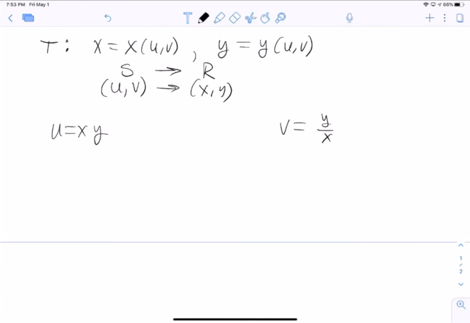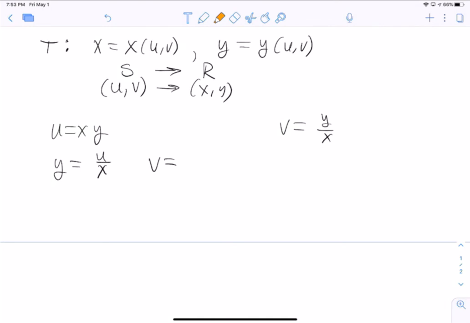Let's start with wanting x as a function of u and v. So I'm going to isolate y. y is equal to u over x. And then I'm going to substitute that into the other equation where we have v is equal to y over x.